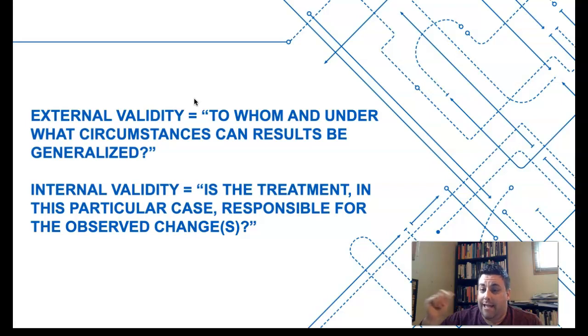There is then internal validity, which is a property of a research design, and that asks if the treatment is responsible for the change in the dependent variable. Then there's external validity, and that asks to what other populations can our study's results be generalized?